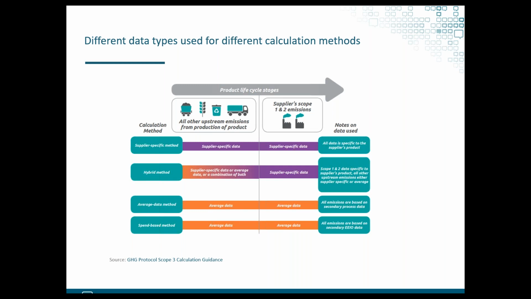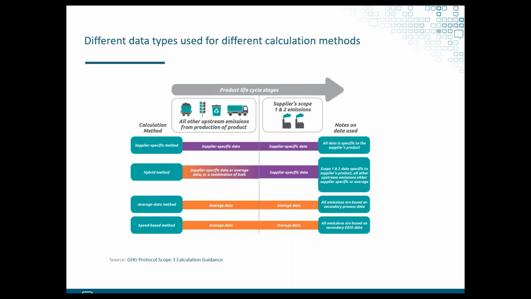So these methods are supplier specific, which collects product level cradle to gate GHG inventory data; and the hybrid method, which uses a combination of supplier specific activity data, so that's still primary data, and secondary data to fill the gaps. This method involves collecting allocated Scope 1 and 2 emissions data, calculating upstream emissions of goods and services, and then using secondary data where required to calculate upstream emissions. So still a large emphasis on direct supplier engagement there.